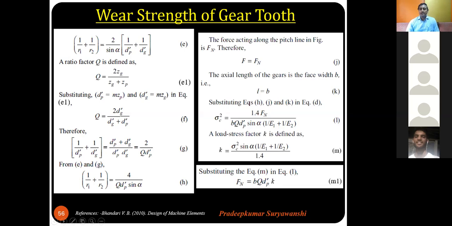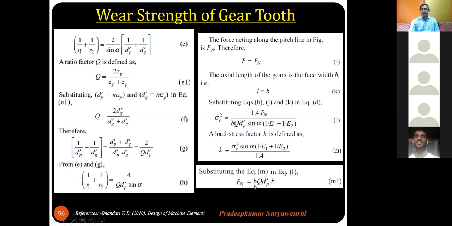So here we can see we have arrived at an equation similar to that of the beam strength, but here we are considering wear strength as the design criterion. So we are saying that this Fn is proportional to sigma c, or this K in the form of sigma c.